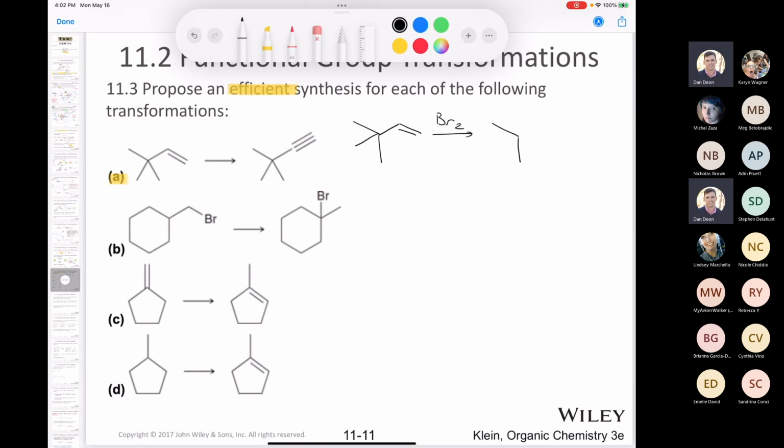I'm going to leave the solvent out just for fun. And that's going to give me the vicinal dibromide, like this. And now I know that just through a couple of steps, I can convert that to the alkyne. Can anybody tell me what the steps would be to take that vicinal dibromide and convert it into this alkyne? I'll try to draw it to the best of my ability.